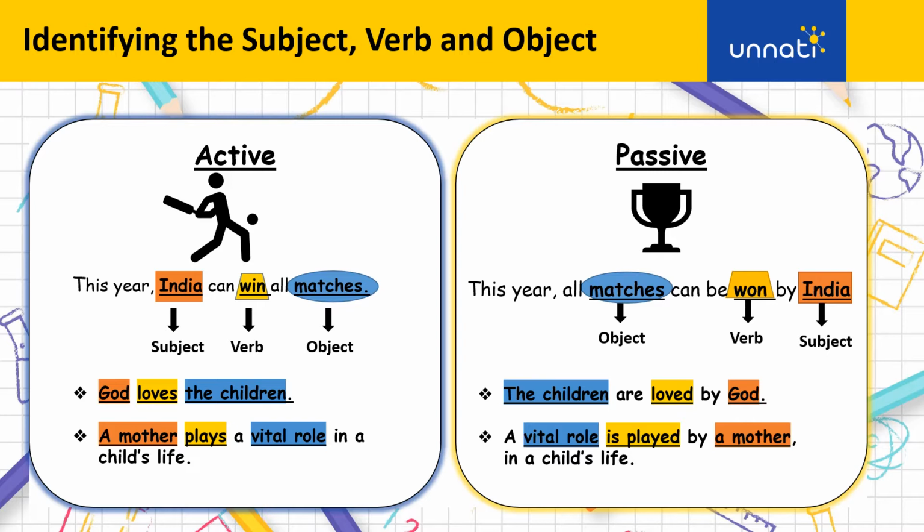So if you take a close look, you'll see in the passive voice, the subject goes to the end of the sentence. An object comes in the beginning of the sentence. Matches comes in the beginning, and India, the subject, goes to the end.